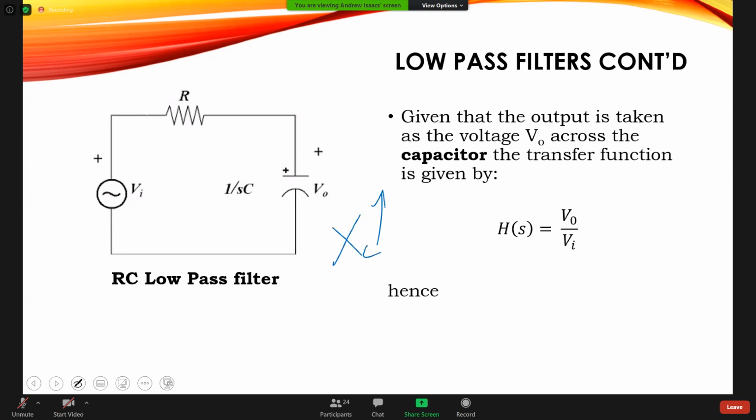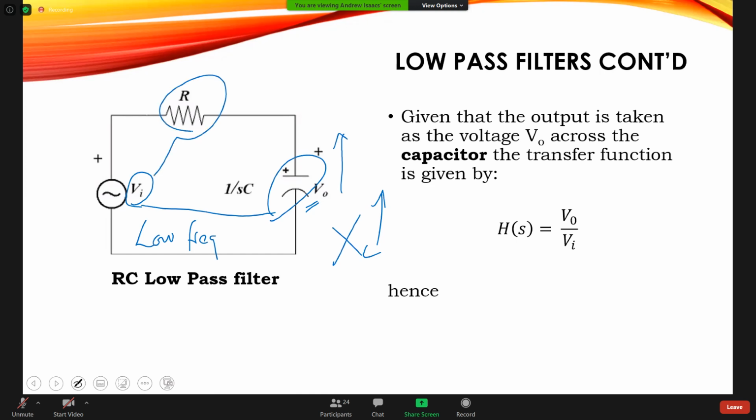If Xc is high, it means that we are seeing more of the output across C. So for low frequencies, we'll be seeing more output across the capacitor. Right? And as the frequency increases, you're going to see more of the output across the resistor.